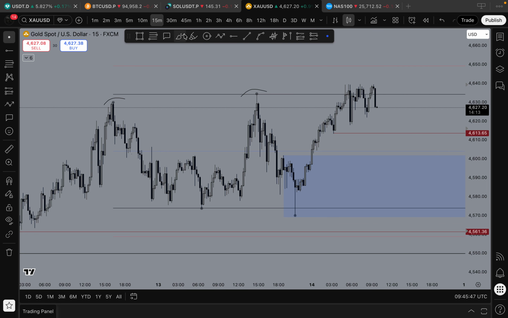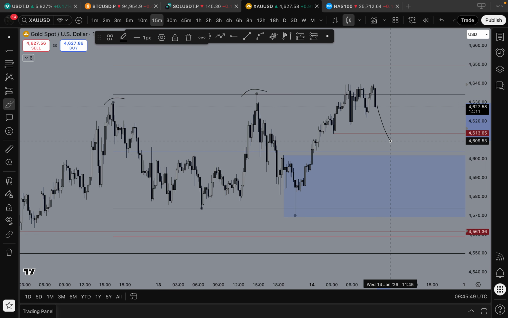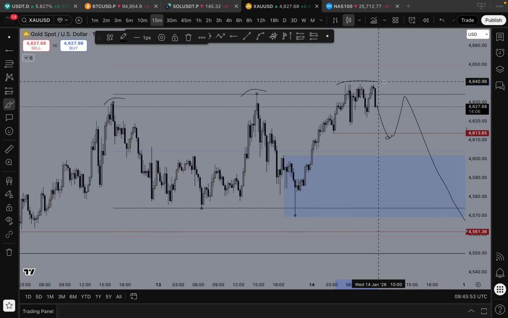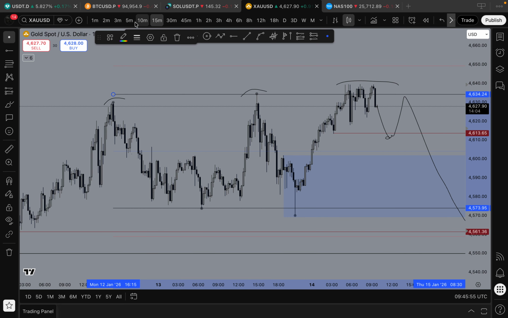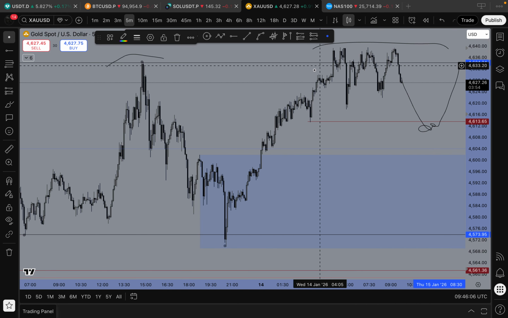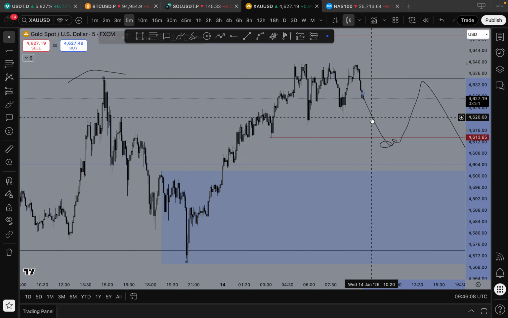So if we break 50-minute structure below here, that's the confirmation for me that this is potentially the model 1, and I would look for shorts. But you can see that if we break this, we are already pretty close to the range low and also towards this demand zone. So let's see if we can look at lower time frames.